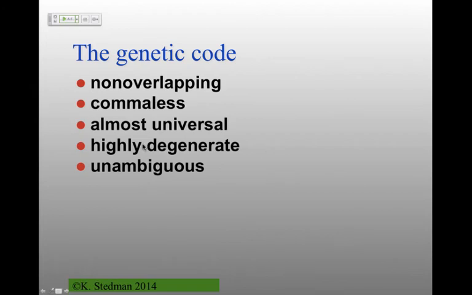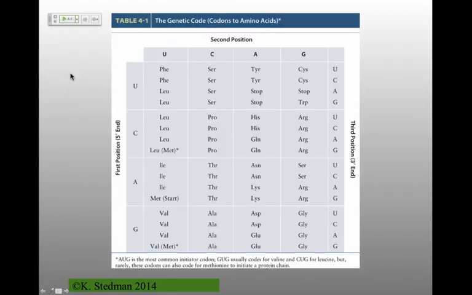Highly degenerate. What I mean by highly degenerate, one of the things that I forgot to emphasize here is that there are a number of amino acids that are encoded for by multiple different codons. Leucine is one of the extreme ones here. 6 different codons can code for leucine. Same thing is true for, let's see, glycine, a couple of other ones as well.